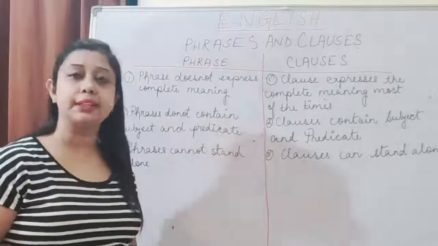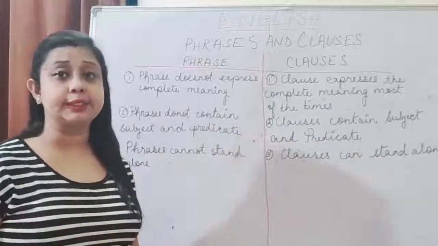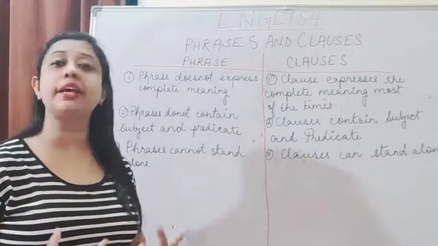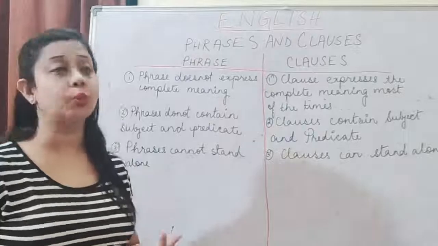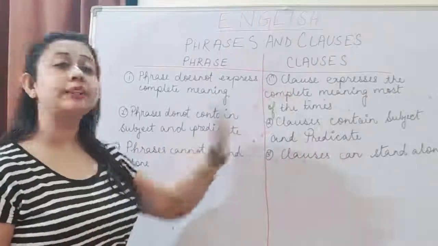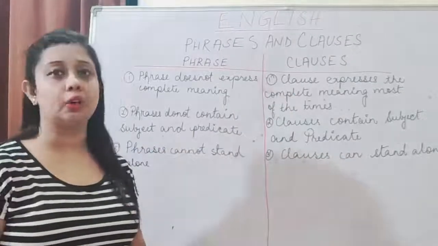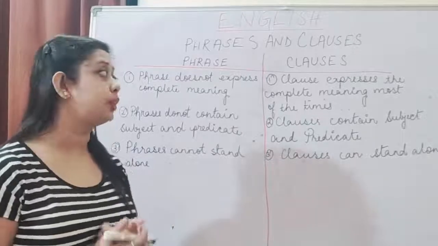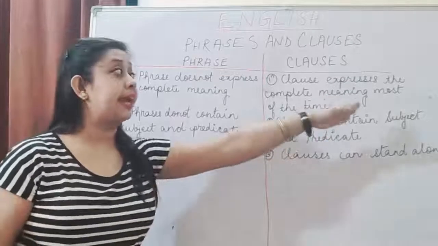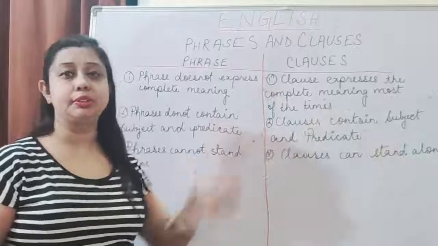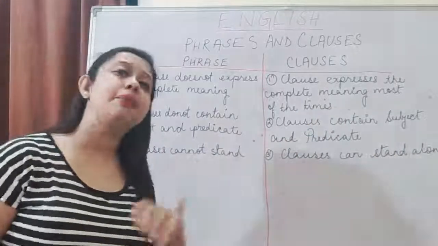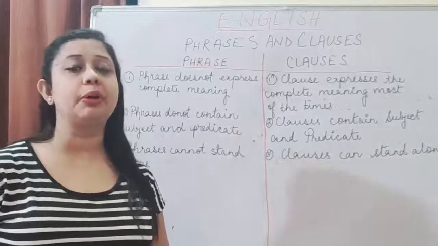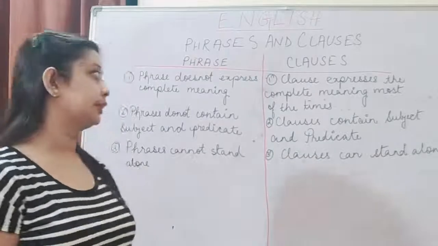I have already said that a phrase cannot express the complete meaning, which means we cannot understand just by reading the phrase what actually the sentence wants to say. But a clause can do that. Just by reading the clause, we can understand what it is trying to say. But I have added most of the times. Why I have added most of the times, we will understand in my next video when I talk about the kinds of clauses.